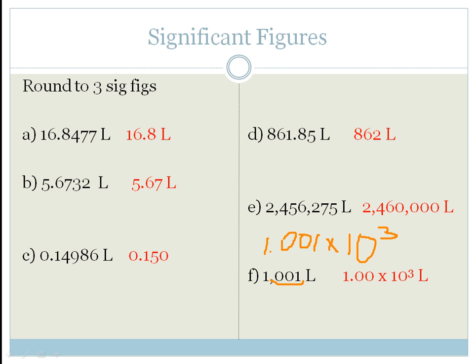So then I just remember when we have scientific notation, I ignore this times 10 part and I just look at the number, and right now I have 4. So how am I going to get 3? I simply get rid of the 1. So I get rid of the 1, and I just simply have 1.00 times 10 to the third.